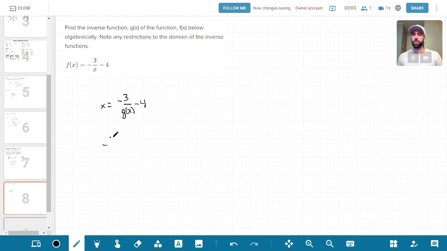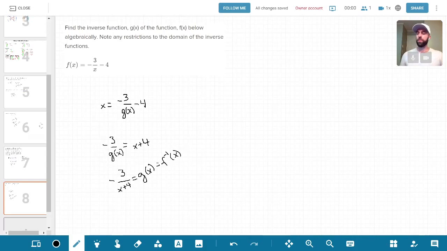So we end up with -3 over g of x equals x plus 4. We'll swap the sides of these two, and we would end up with -3 over (x plus 4) equals g of x. And this would be the inverse of f of x.